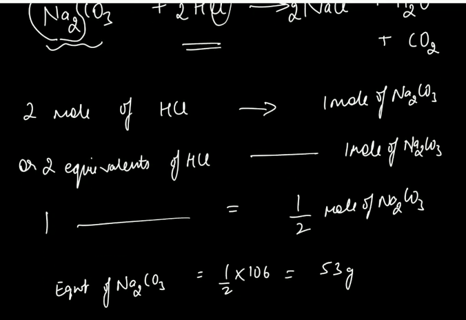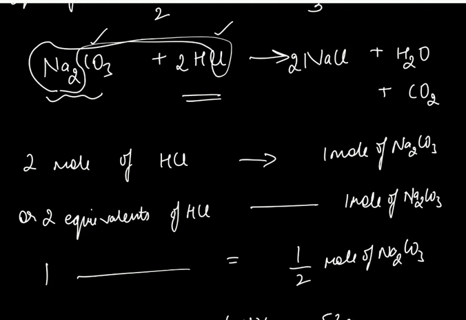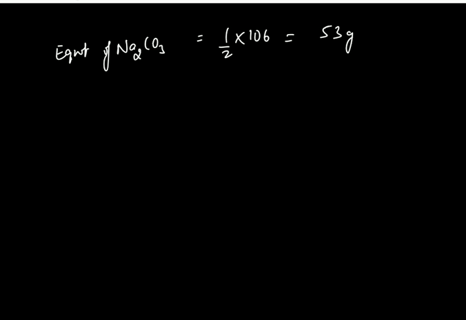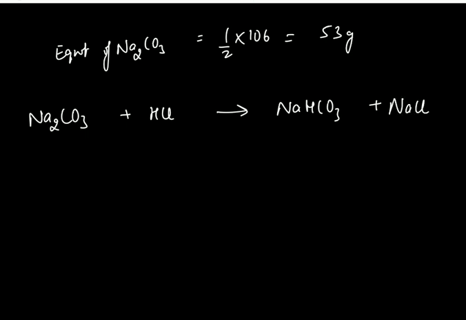But what if we have that kind of reaction? Then also the equivalent weight can be changed. So we'll come to this part. Na2CO3 plus HCl giving us NaHCO3 plus NaCl.